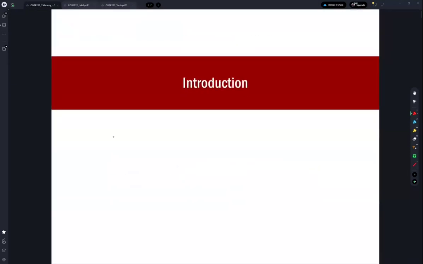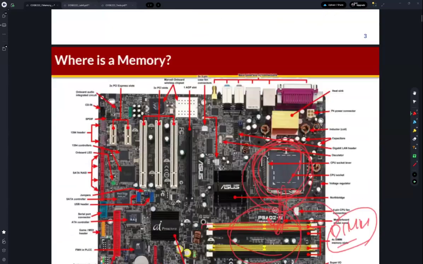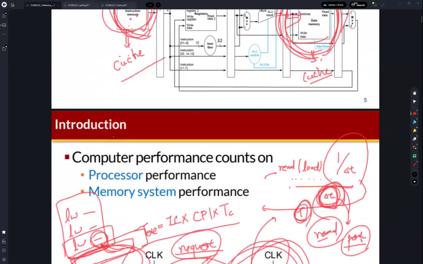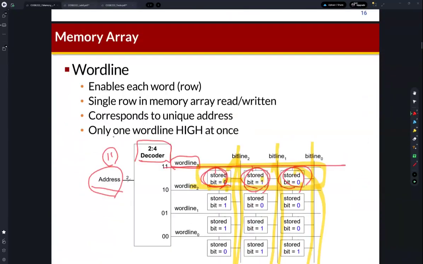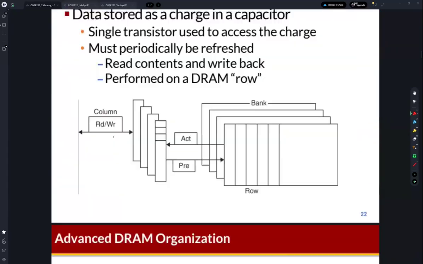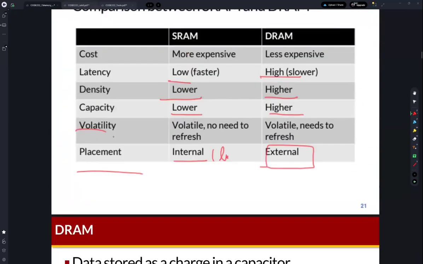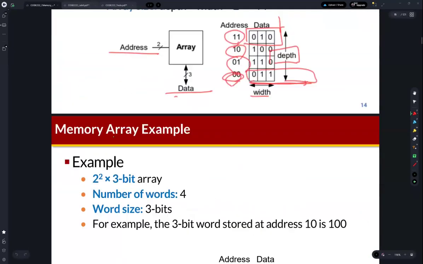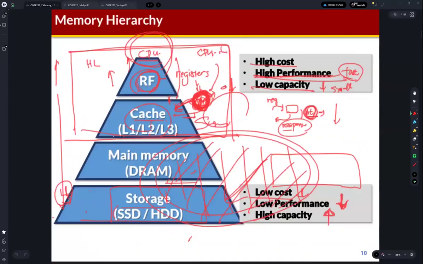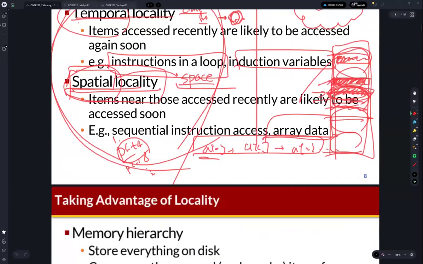So I explained about the Lab 6, and we have around 20 minutes. So let's learn about the memory hierarchy. We learned about the various memory technologies in the previous class. Also, the important thing is the memory hierarchy.